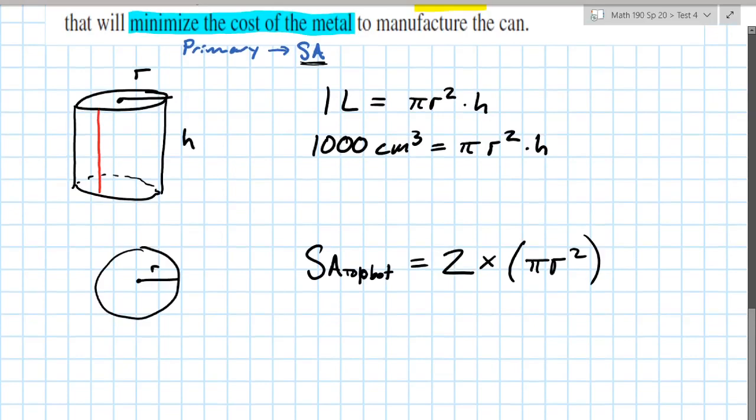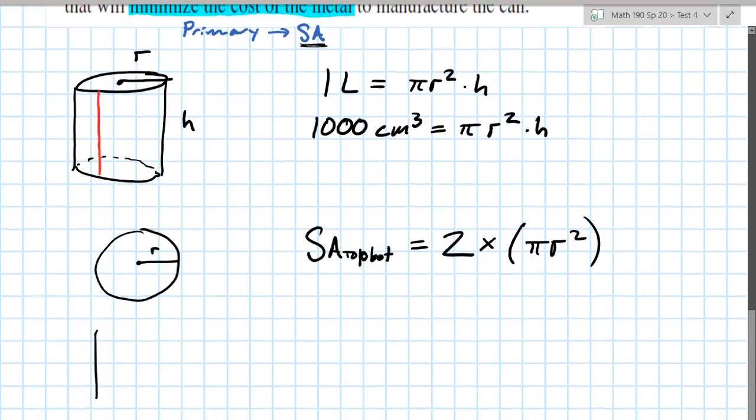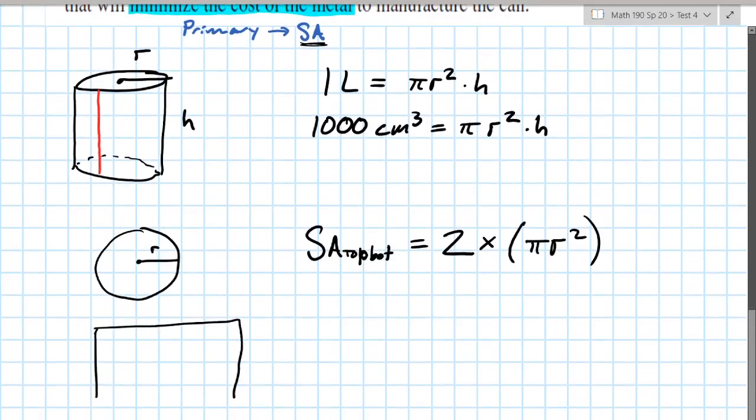Then, when we unravel this, we have a shape like a rectangle where we made this cut here, and around the top would be this distance here.